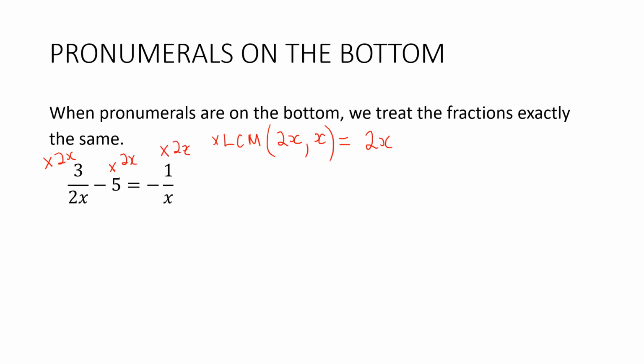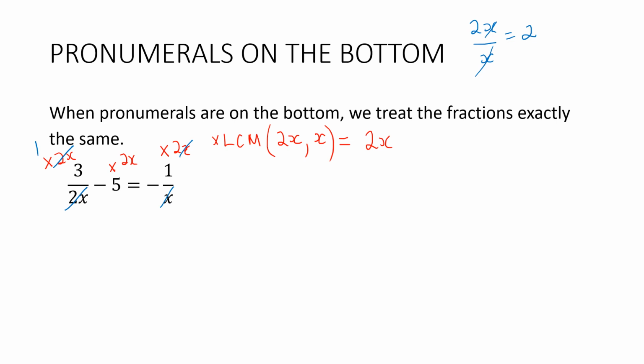Now we're ready to cancel. 2x into 2x goes once. I don't need to do this next one because it doesn't have any denominator. Now let's move over to here. X goes into 2x 2 times. Make sure that makes sense to you. 2x divided by x is equal to 2.